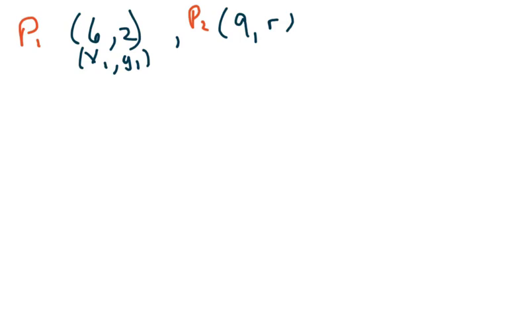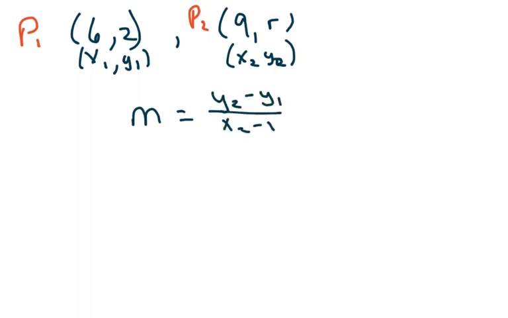So this is going to be x sub 2, y sub 2. And my slope formula is y sub 2 minus y sub 1 over x sub 2 minus x sub 1, and I just substitute. Oh, what's my slope? My slope's going to be negative 1.